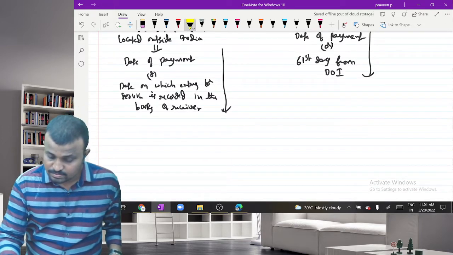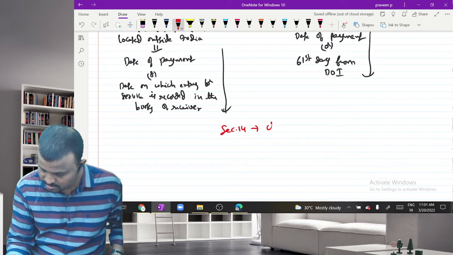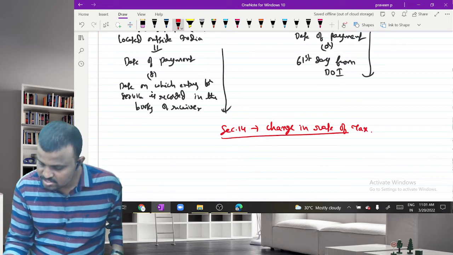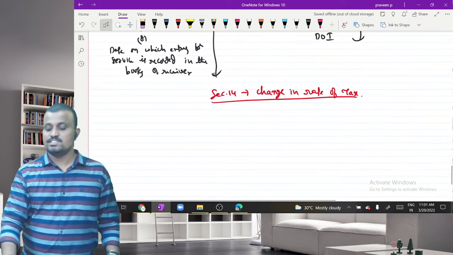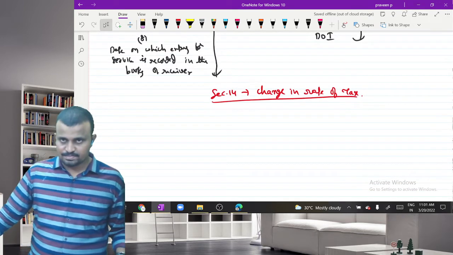The last one, section 14, in case of change in rate of tax. So what is meant by time of supply?